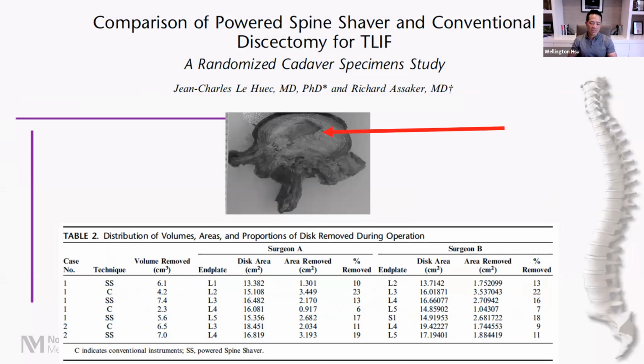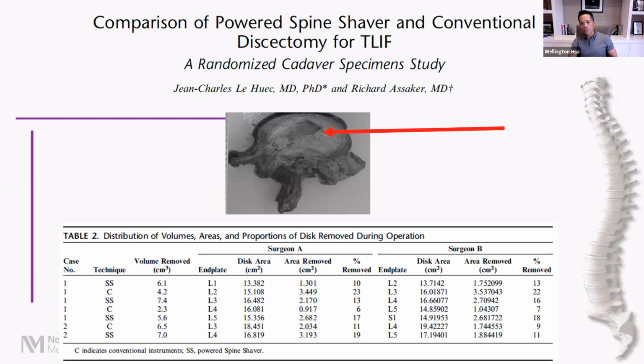And the best surgeons removed about 60, 60 or 70%. So that's why I always roll my eyes a little bit when I hear folks say that they can take the entire disc out through an open approach unilaterally. Because it's just really, really difficult to do and maybe physically impossible.